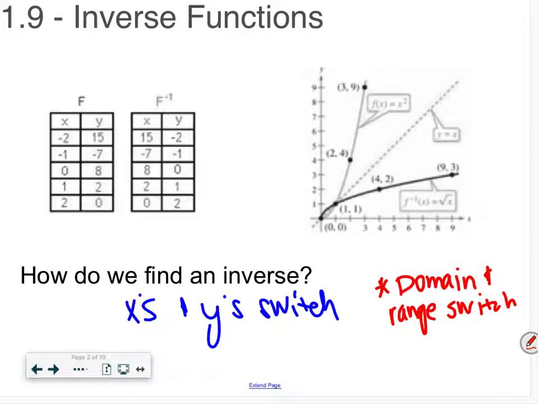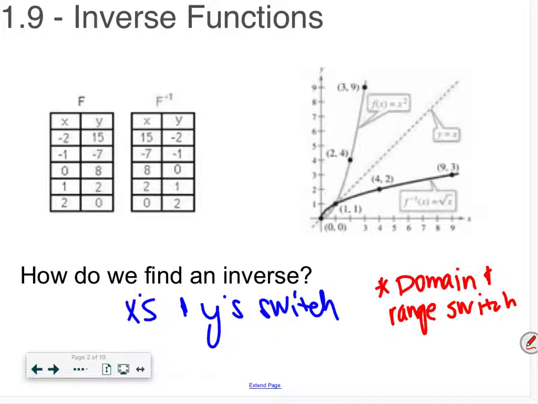So whatever your domain is for your original function becomes the range for your inverse. Vice versa, whatever your range is for the original function becomes your domain for the inverse. That is something we're going to talk about as we go through today.